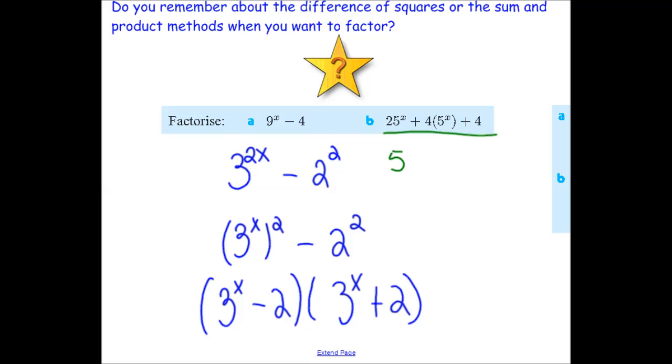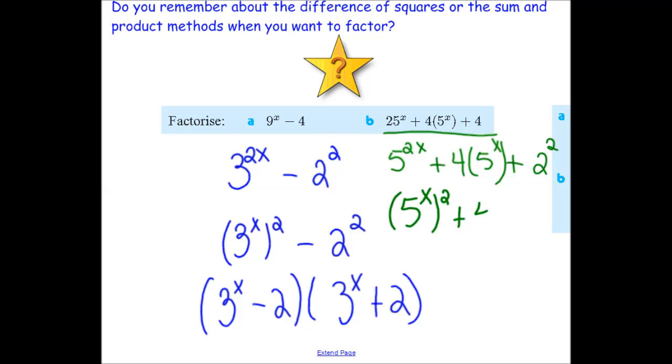We know 25 is 5 squared. So we have 5 to the 2x plus 4 times 5 to the x plus 4, which is 2 squared. Okay, so when we do this backwards, we've really got 5 to the x squared plus 4 times 5 to the x plus 2 squared.